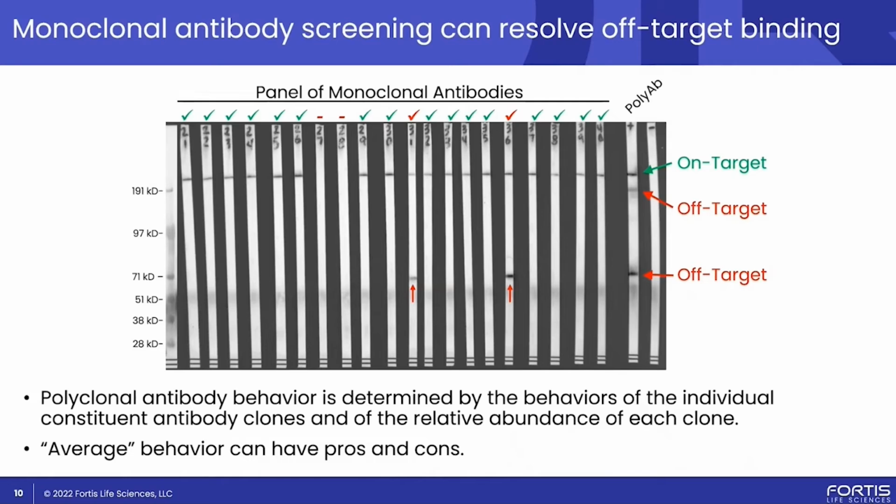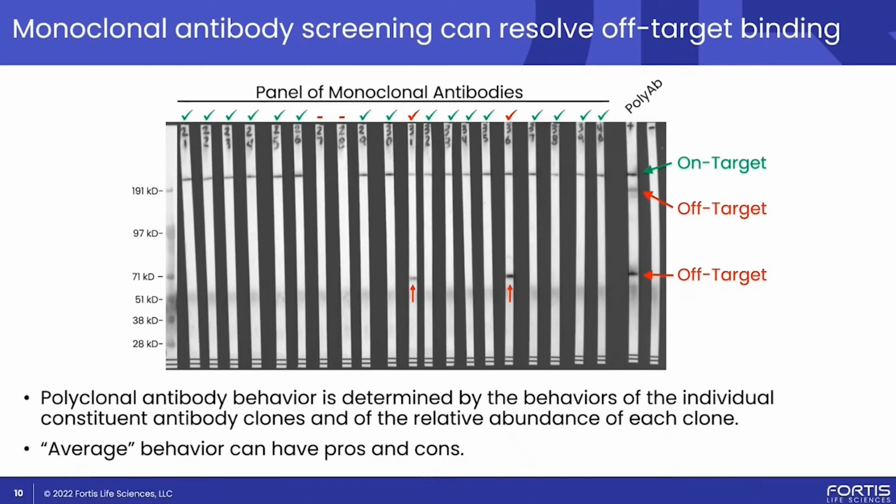So this is an example of such a polyclonal antibody. If we look over on the right at the strip with a plus sign on it, we have a polyclonal antibody that sees the target at over 200 kilodaltons and has a couple of off-target bands. If we look at a panel of monoclonals raised against the exact same peptide, we can see specific monoclonal antibodies on strip 31 and 36 that see both the target band and the off-target band.